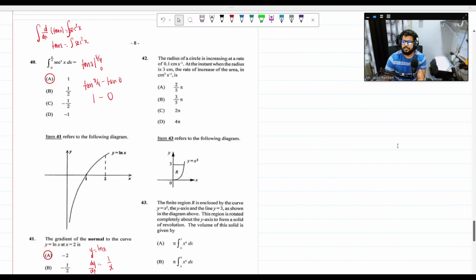Aha, our rates of change. The radius of a circle is increasing at a rate, so dr dt is 0.1.